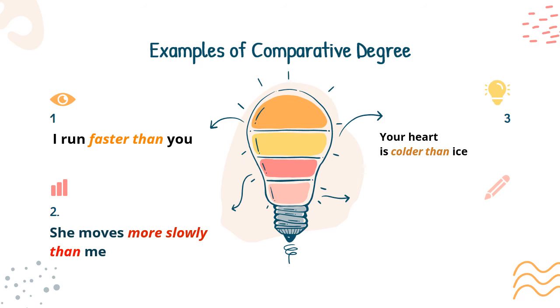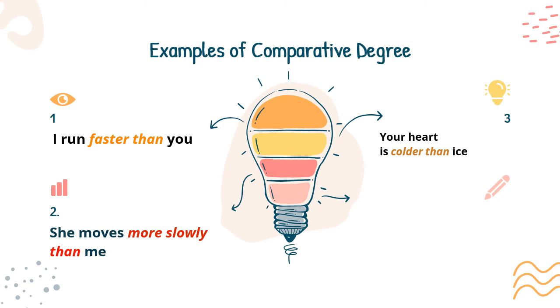Here are some examples of comparative degrees. Number 1, I run faster than you. The adjective fast consists of one syllable, so that's why we just add er and then follow with than. So it becomes faster than you. I run faster than you.